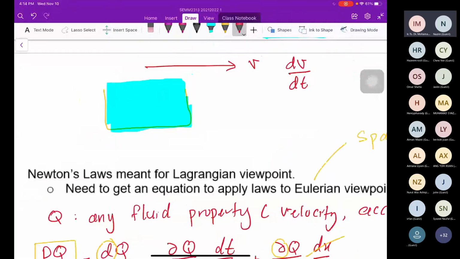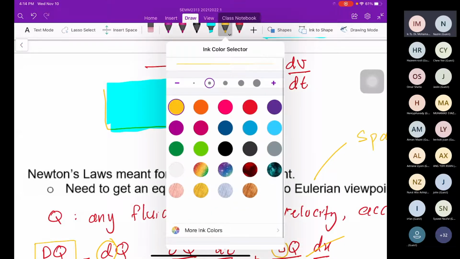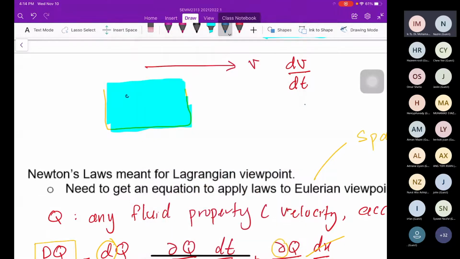However, in this container filled with liquid, let's say the liquid has particles. Each particle of fluid has its own velocity and moves randomly: velocity 1, velocity 2, velocity 3, 4, and velocity 5.